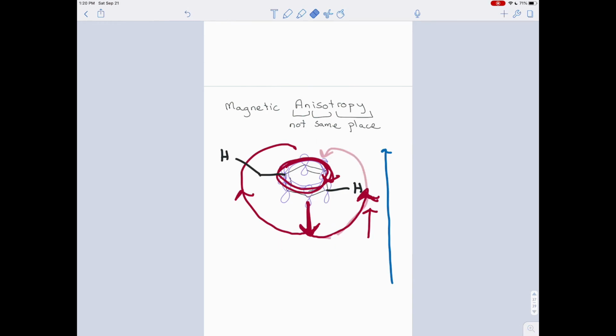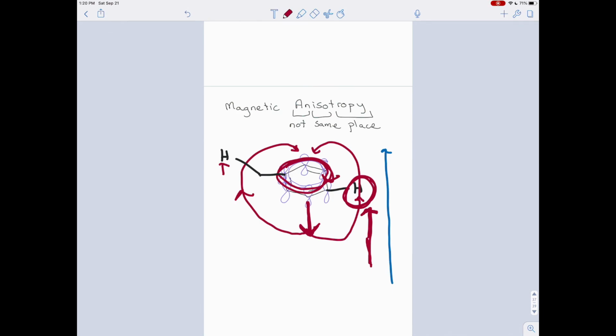The magnetic field that's coming from these swirling electrons is really big on the hydrogen that's close to the source of the magnetism, close to the ring. It will be smaller for the hydrogen that's further away from it.